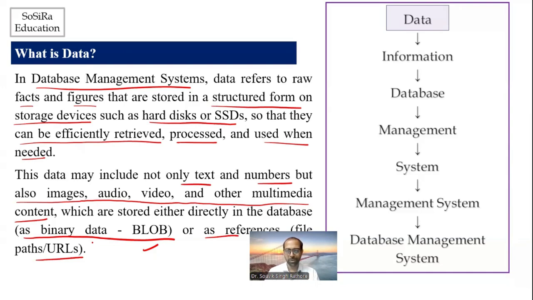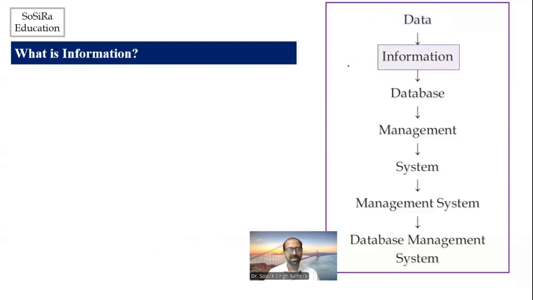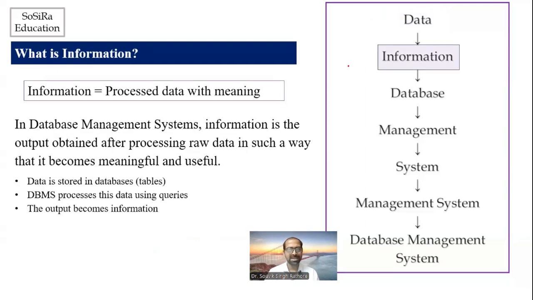Next, we want to move from data to information. What is information? Information is processed data with certain meaning. In a database management system, information is the output obtained after processing the raw data in such a way that it becomes meaningful and useful.